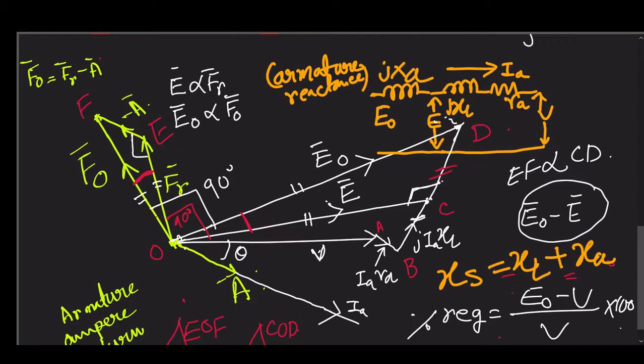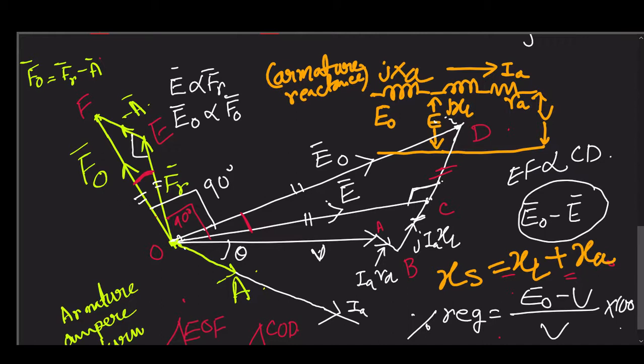So the F naught MMF is somewhat higher than the saturating MMF for your core. So your E naught does not actually become proportional to F naught, but is slightly less than proportional. If you get some E naught dash that is exactly proportional to your F naught, in reality what you get by disconnecting the load is less than that E naught dash that you should get by theoretical calculation.